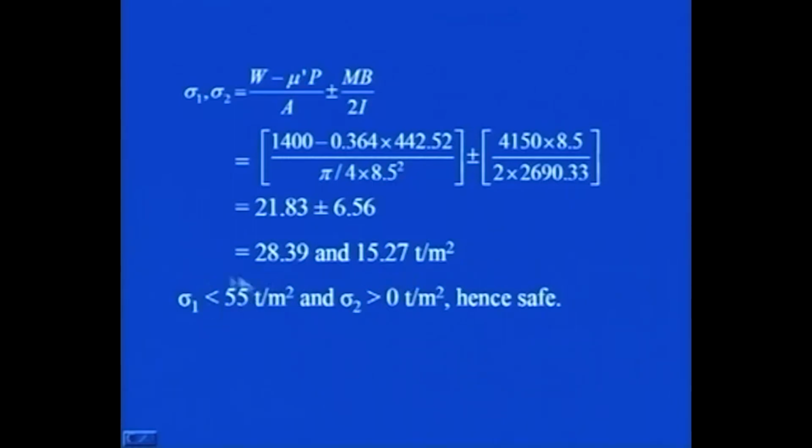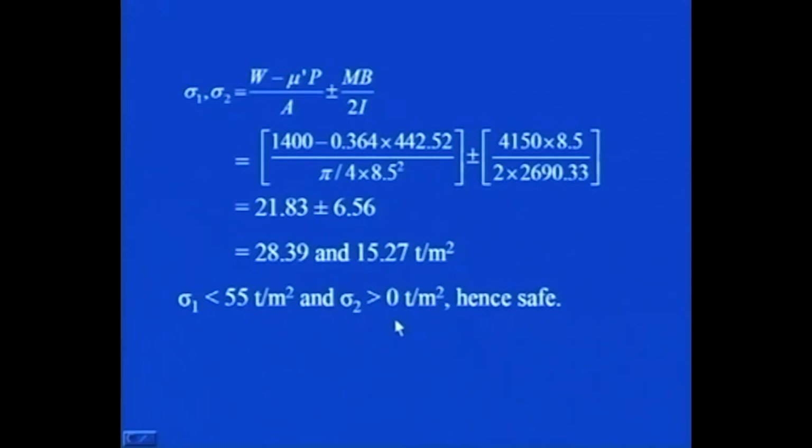So this allowable bearing pressure has been given to you in this problem as 55 ton per meter square. So the maximum pressure is less than the allowable bearing pressure and the minimum one is greater than 0, that means it is not tensile.